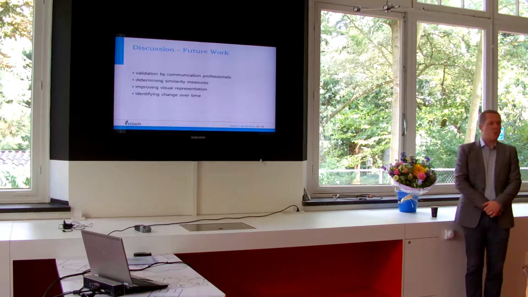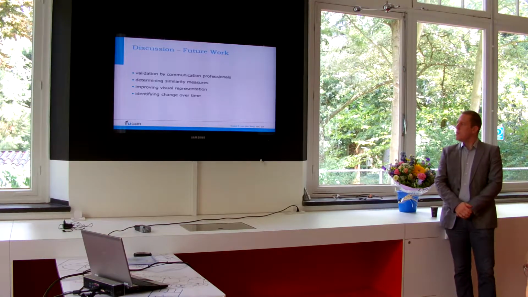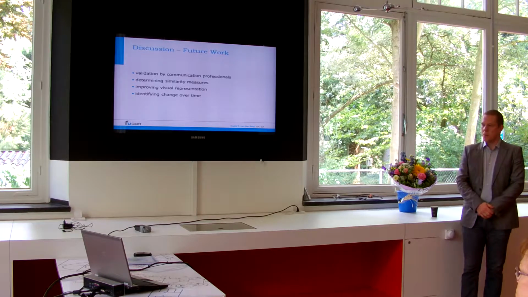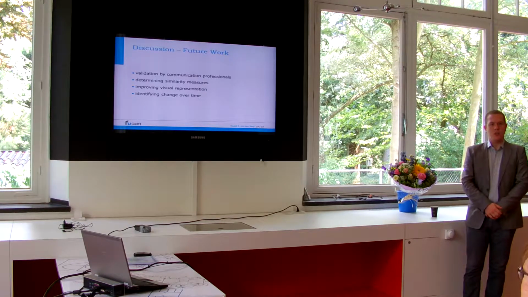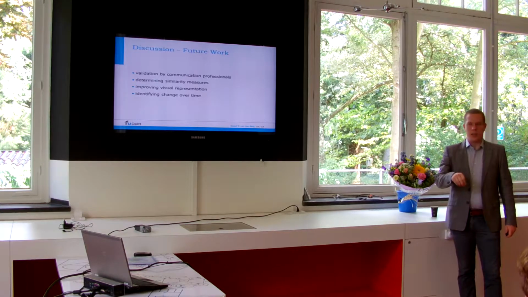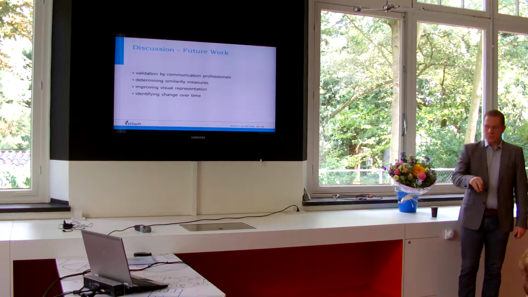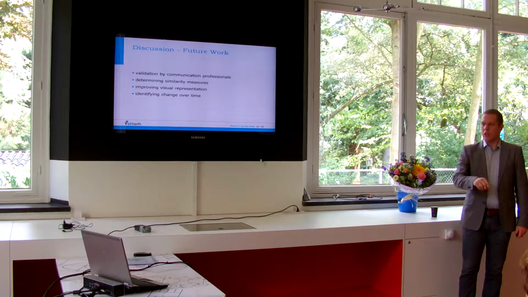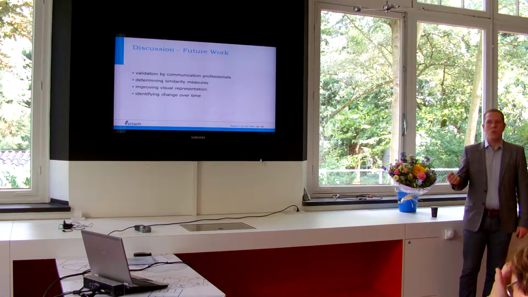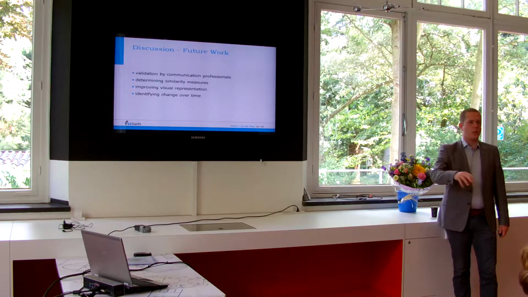And the visual representation that we've made might also benefit from the ability to change perspective, because now we see the network only centered around the brand identity. But perhaps you would like to see how your specific group of employees is within the whole network.